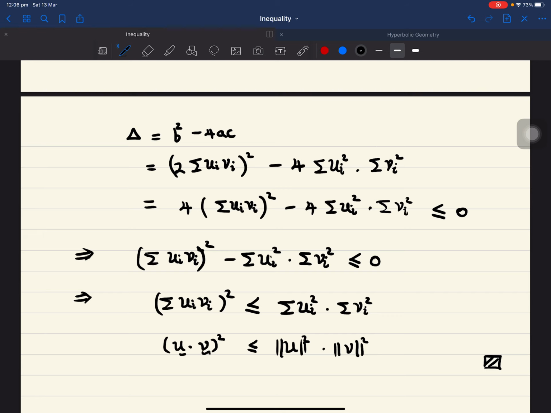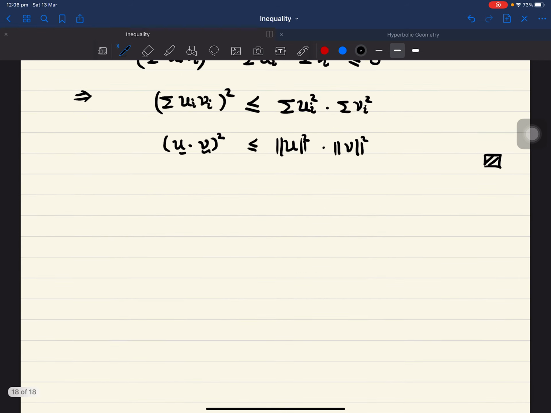And next we look at a typical application, which is the triangle inequality in Rn.